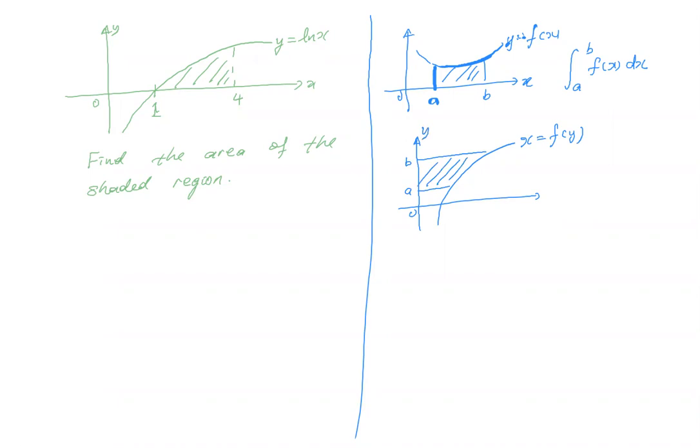So what I can do is integrate from a to b, same story, f(y) dy, bounded by x-axis dx, bounded by y-axis dy. So I'm trying to use this to help me solve that problem.